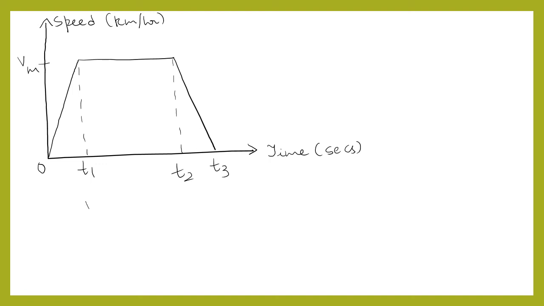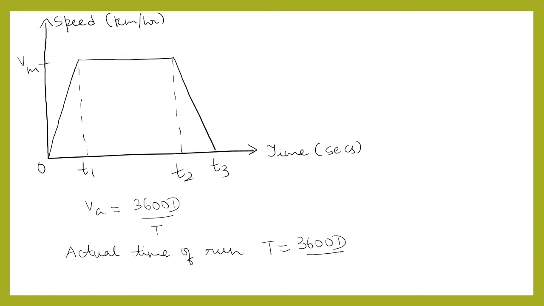From the equation of Va, that is 3600 d by t, we can find the actual time of run. t equals 3600 d by Va, that is 3600 into 1.4 by 42. So the time of run is 120 seconds.